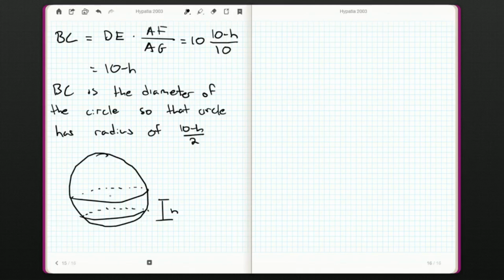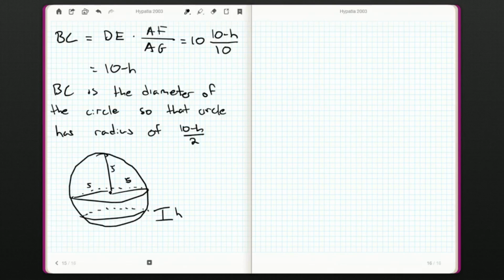So, going to have to be a little more creative here. And it's likely going to depend on whether h is bigger than 5 or less than 5. So we have a center here, and the big circle has radius of 5.